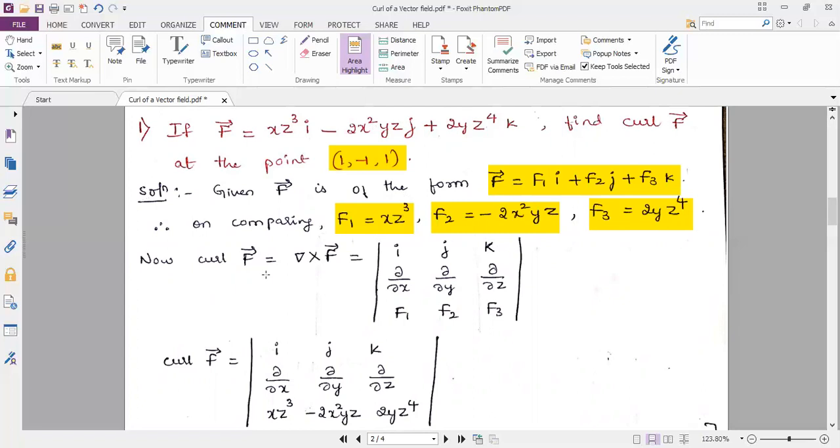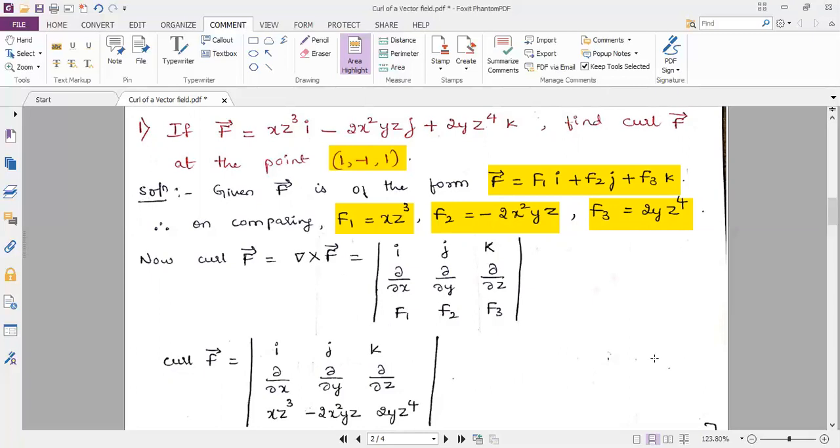Now curl of vector f is denoted by del cross f, given by the determinant, a 3 cross 3 determinant, first row i, j, k, the vectors, second row the components of del, that is dou by dou x, dou by dou y, dou by dou z. Third row, the components of vector f, that is f1, f2, f3.